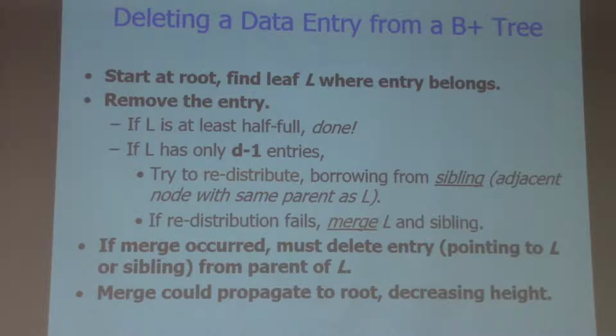And the reason we don't want a tree to be underutilized is because, if you follow the analysis I did last lecture, the query cost for a B-plus tree is directly related to the height of the tree. And the height of the tree is roughly log of N, where N is the number of pages in the leaf level.